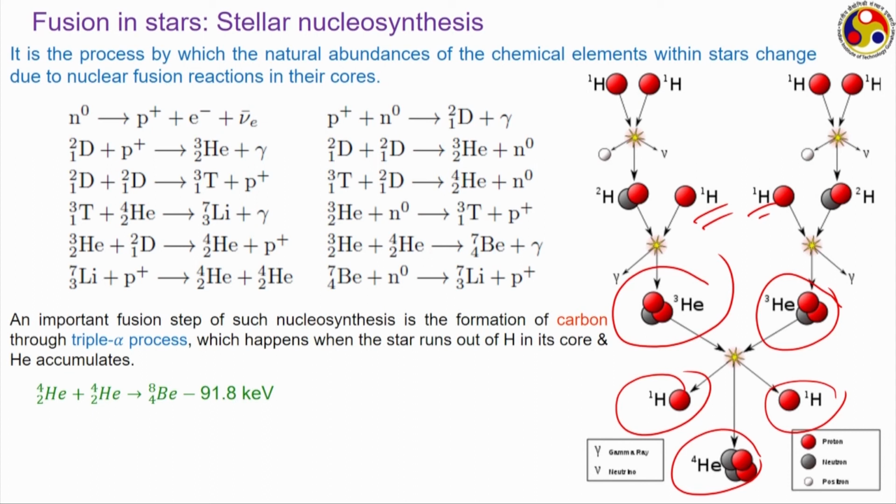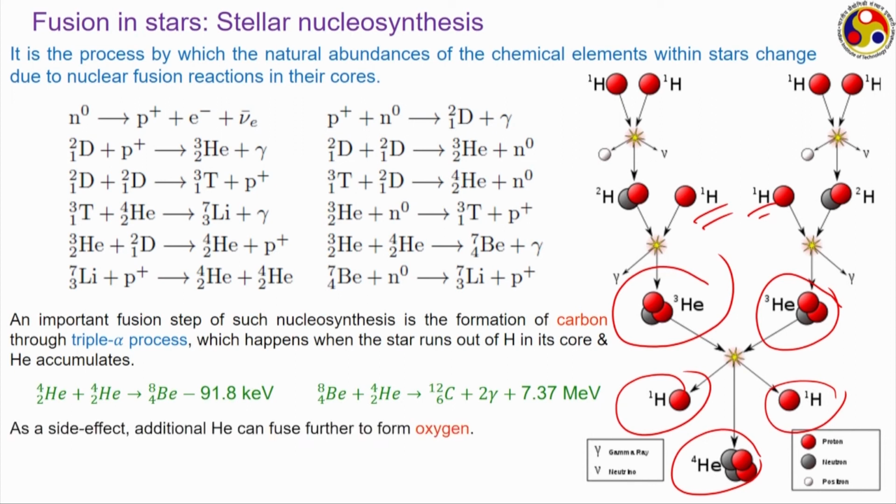In that case, 2 helium isotopes can react with each other to produce a beryllium, which is endothermic, thereby absorbing 91 keV of energy, and then this beryllium reacts with another helium isotope to produce 6C12, and it is extremely exothermic, producing 7.37 MeV of energy.